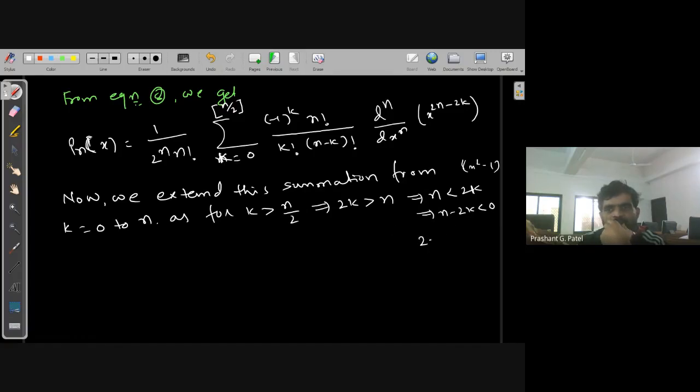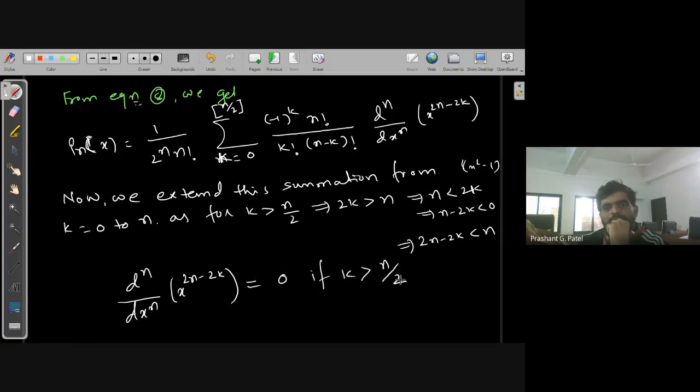And this 2n minus 2k is always less than n. If I add n both sides, this will give you this. So if I take the nth derivative of x raised to 2n minus 2k, it will be 0 if k is greater than n by 2.